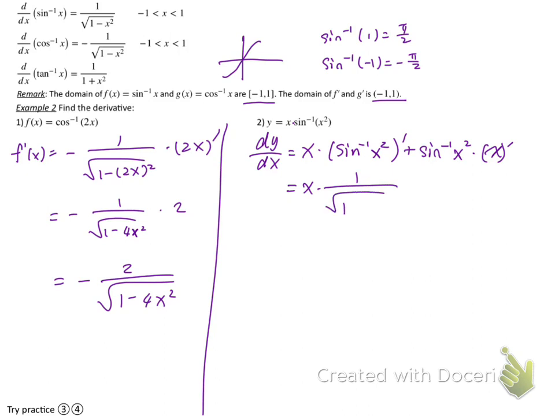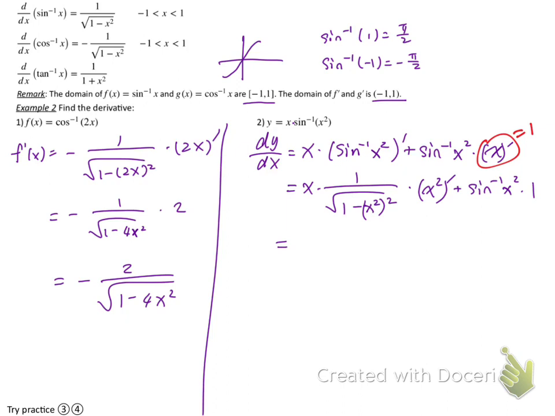Plug in the formula of the derivative, x squared, squared again, times the derivative of the input of sine inverse, plus the second part, the derivative of x, which equals 1. So the whole thing just disappears.